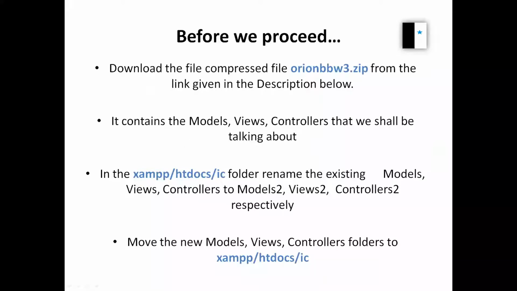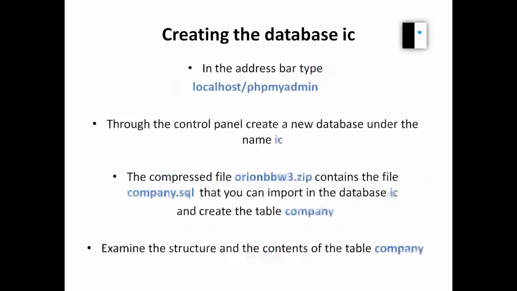Before we proceed, you can download the code for all models, views, and controllers that we shall be talking about from the link given in the description below. And of course, you have to move these models, views, and controllers to the folder xampp/htdocs/IC. Also, you need to create the database IC.